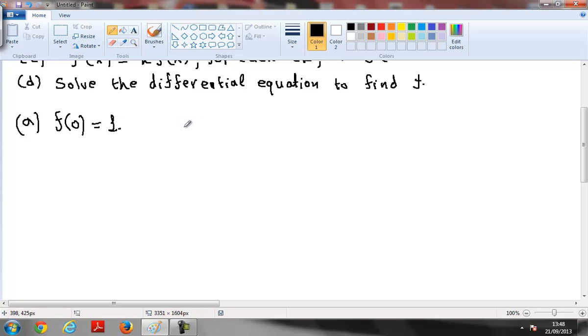Since from the statement of the question I have f of x plus y equals f of x times f of y, for each couple of x and y, I can take any number in the place of x and any number in the place of y. So I'm starting with x equals 0 and y equals 0.